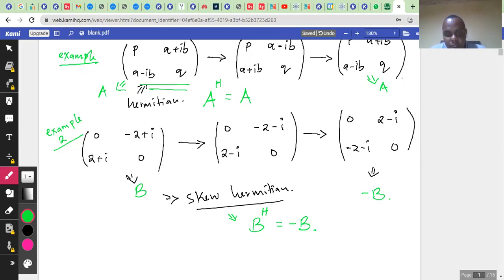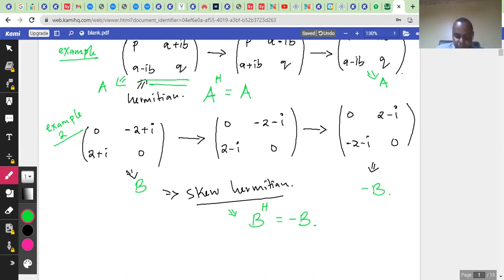So the second example shows skew Hermitian, and the first example explains Hermitian. Okay, got it.